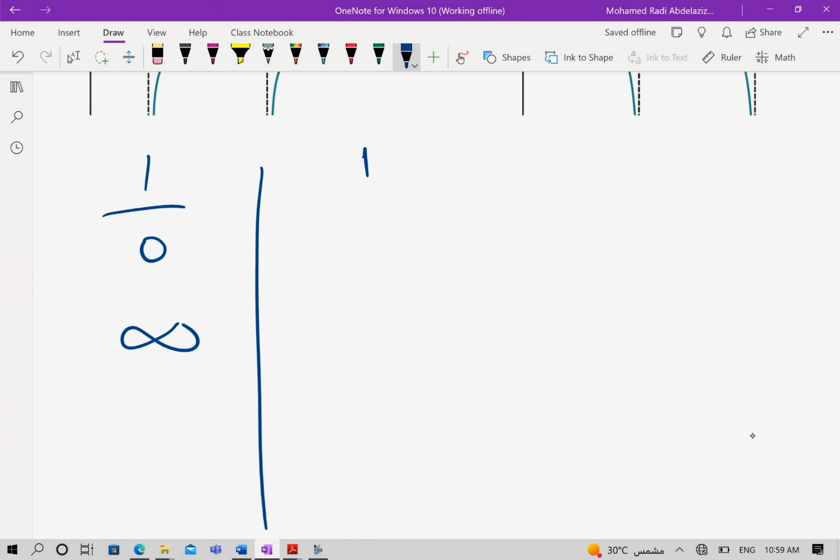If instead of writing 0, we write 0.1, 1 over 0.1 is equal to what? 10. Because 0.1 is 1 over 10, multiply both sides by 10, so 1 over 0.1 is 10.